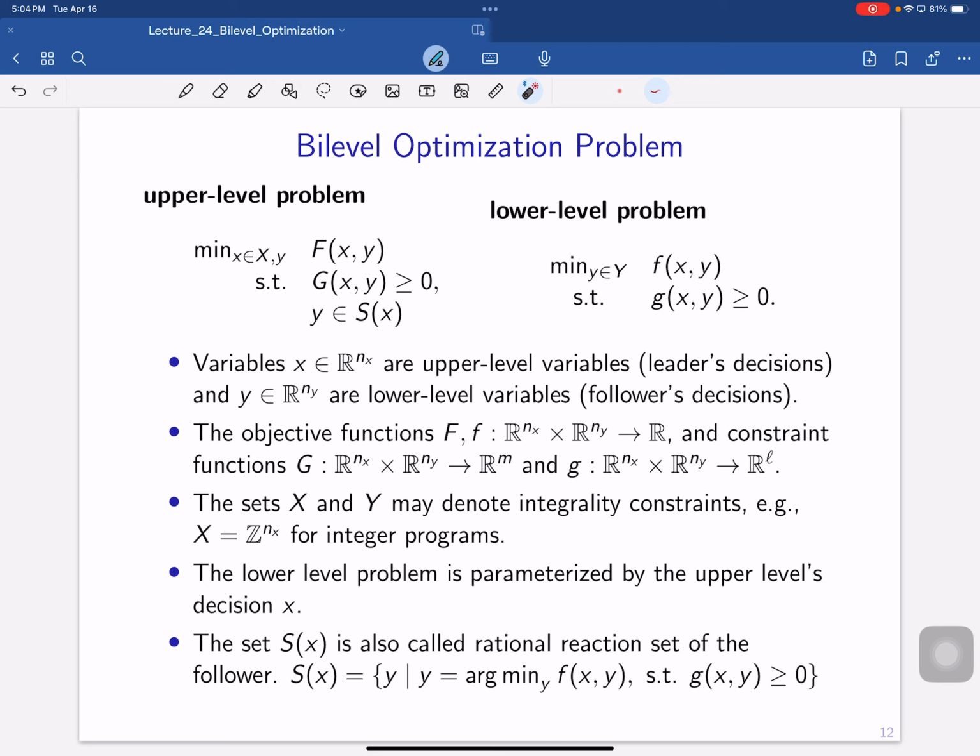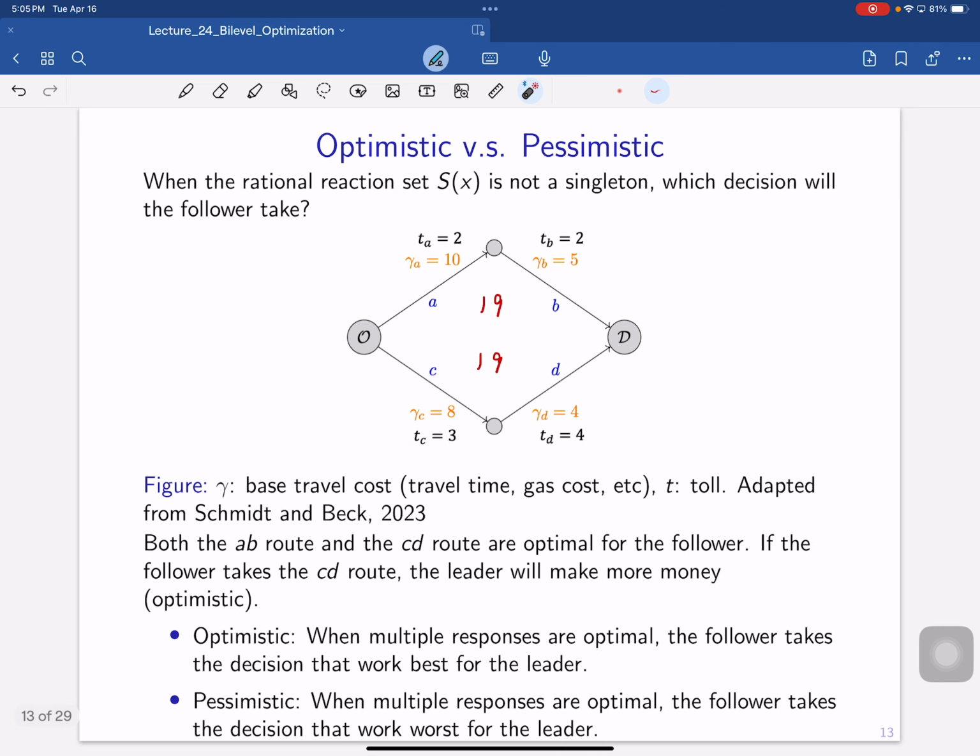That's just one case of the solution being degenerate. So here's a very trivial example where you have two optimal solutions, and then the follower will have some freedom to choose. But in the optimistic case, we just assume the follower will choose the solution that works best for the leader. Any other questions here?